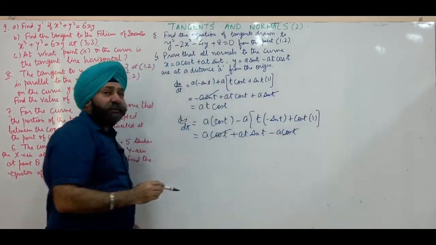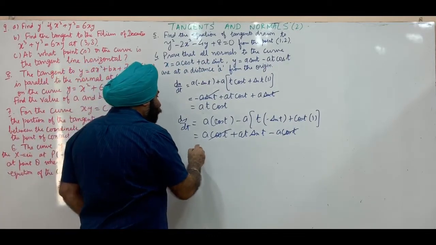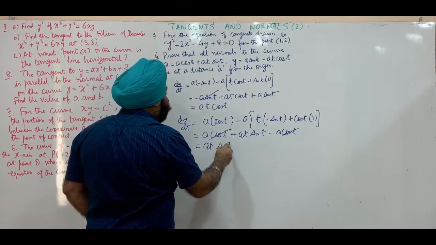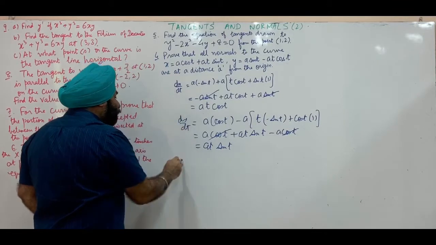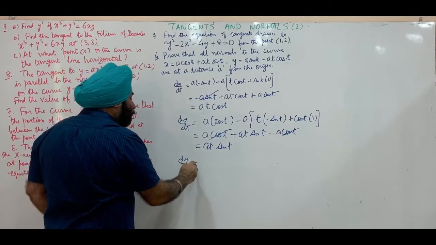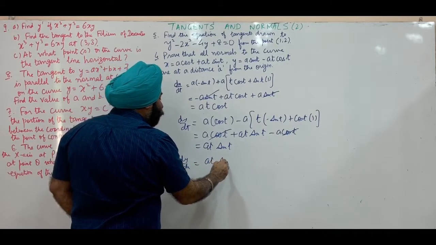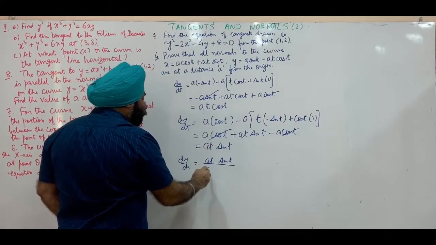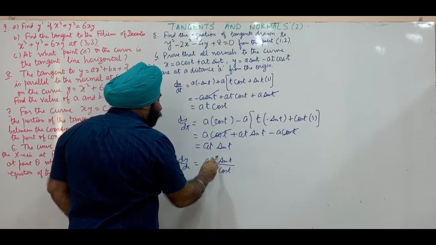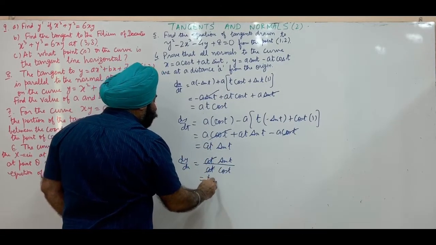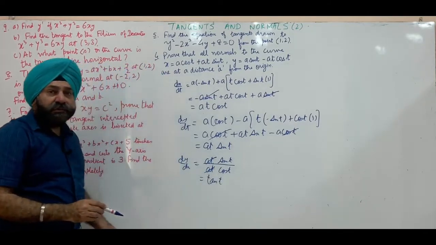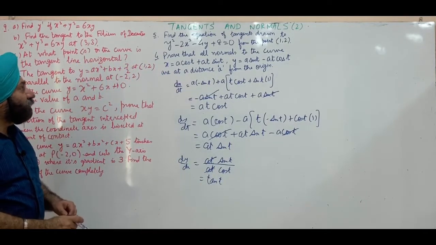This will cancel out and we have a t into sin t. Dividing these, we get dy by dx, a t sin t upon a t into cos t, that's tan t. So tan t is dy by dx, that is slope of tangent.